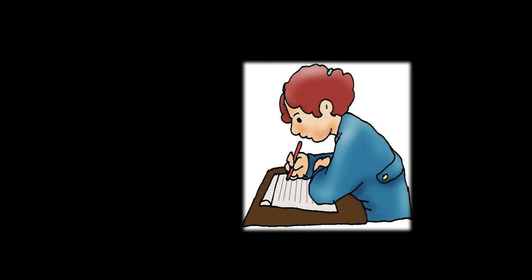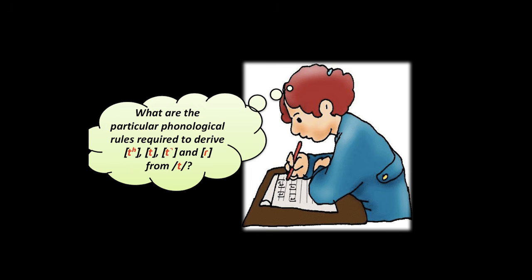There must be rules that determine when that t is going to be pronounced as either aspirated, unaspirated, unreleased, or flapped. There must be phonological environments, phonological contexts that govern its pronunciation.